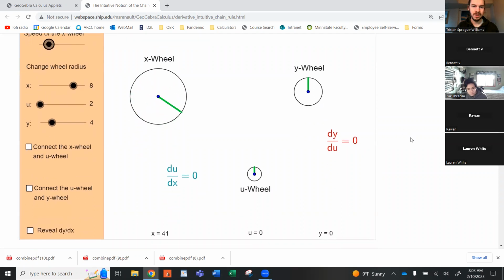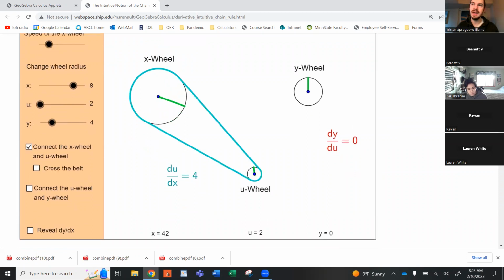Now, what we're going to do is connect the x wheel and the u wheel together. We can pretend that this is like a belt connecting two wheels, so the friction between the wheel and the belt causes the belt to spin around, and the spinning of the x wheel is therefore causing the spinning of the u wheel.